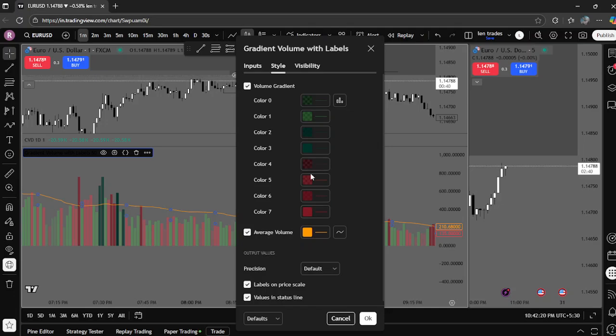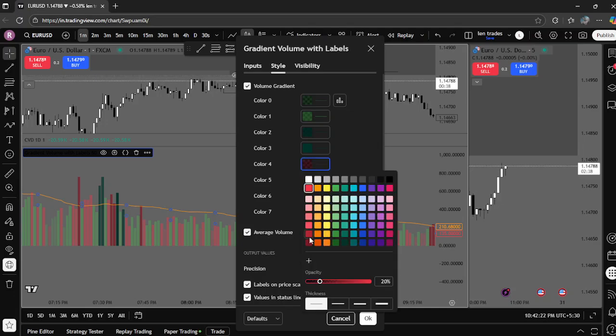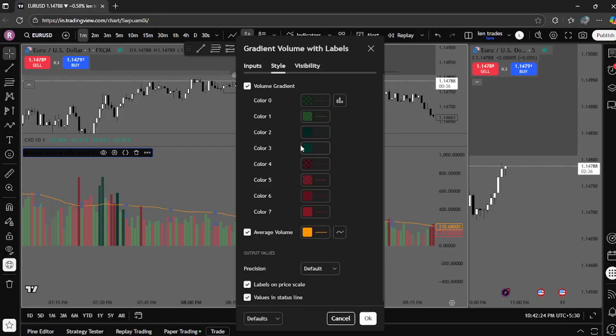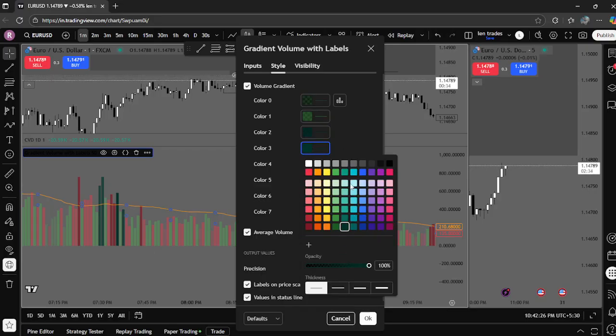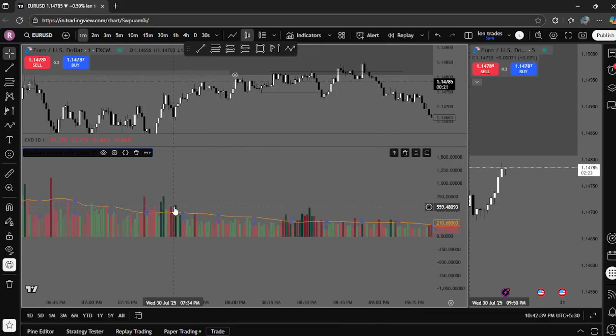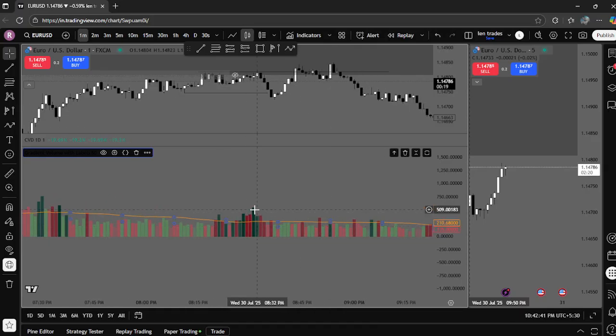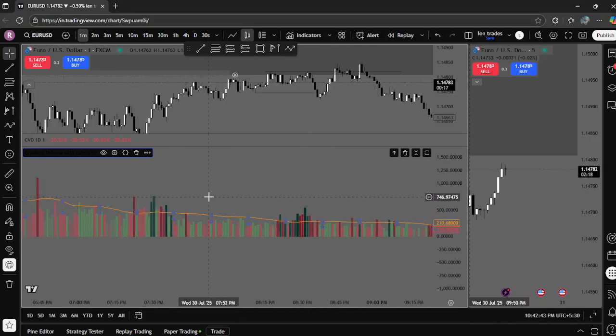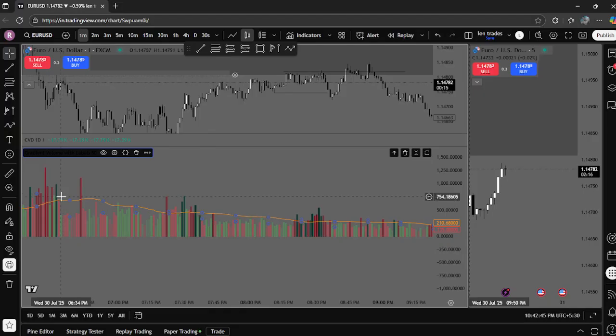If there is heavy aggressive buying happening, it will show you with heavy colors, dark green colors.